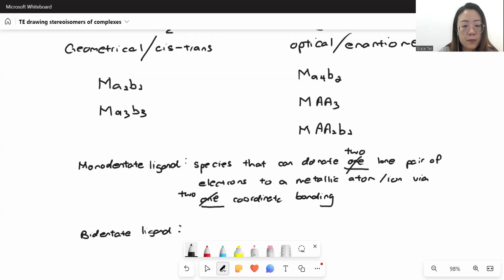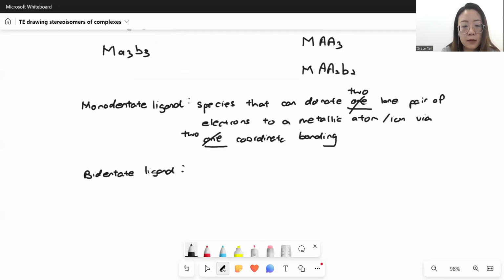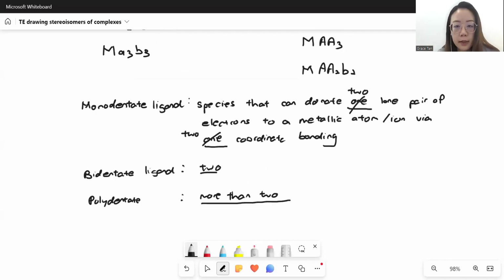So maybe you want to underline, all the underline you change to 2. And for polydentate, more than 2. You just fill in the underline, you change accordingly.